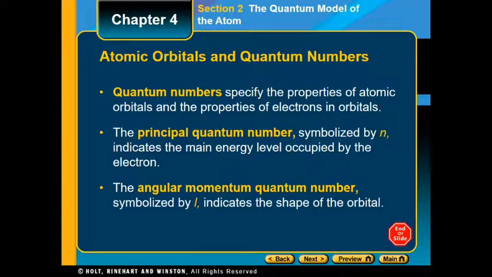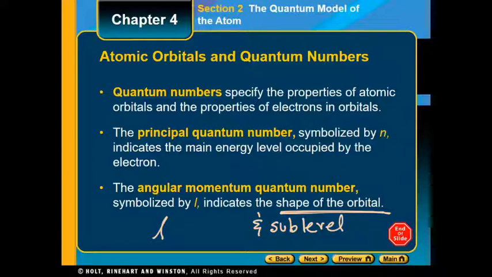The next quantum number is the angular momentum quantum number. The symbol that we use is supposed to look like a cursive L, and it indicates the shape of the orbital and the sub-level that your electron lives on. So principal quantum number is your main energy level.